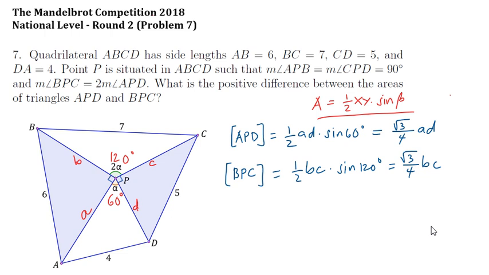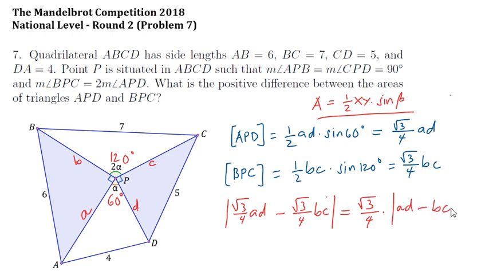Okay, so what we really want is the absolute value of square root of 3 over 4 AD minus the square root of 3 over 4 BC. So this expression represents the positive difference between the areas of triangles APD and BPC. Now we can write this expression as the square root of 3 over 4 times the absolute value of AD minus BC.